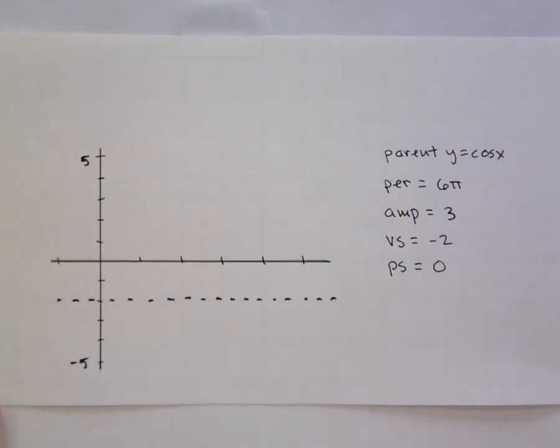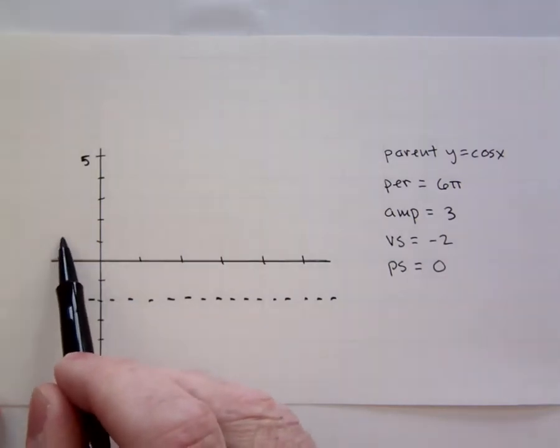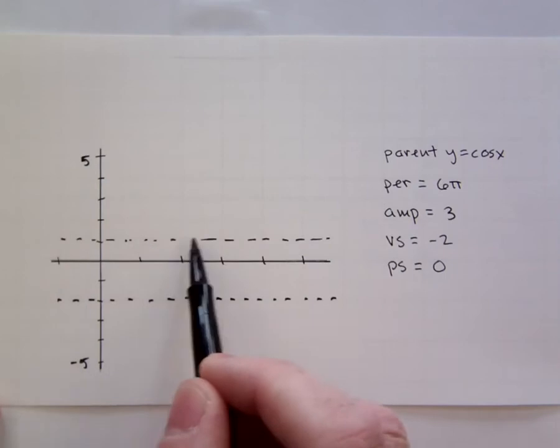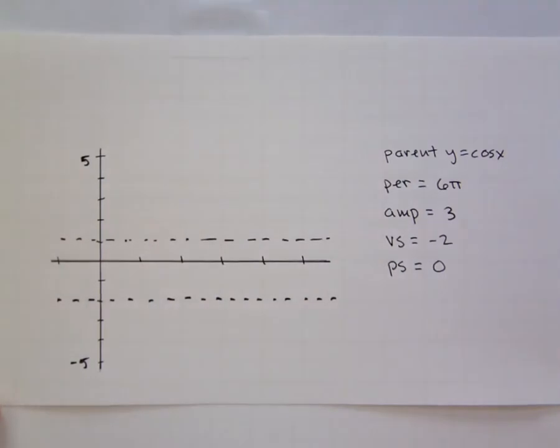Given that the amplitude is 3, we need to go 3 units either side of -2. So I'll make an upper boundary at y equals 1, which is 3 units above, and a lower boundary at y equals -5, which is 3 units below. Now all I need to do is color inside the lines when I make my graph, and I'll be in good shape.